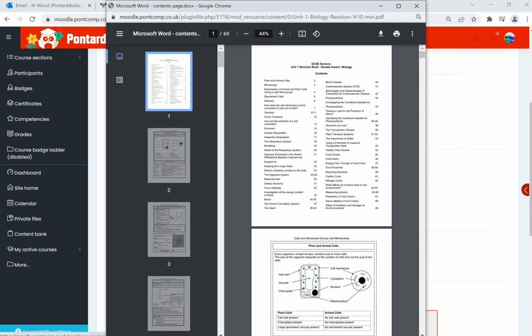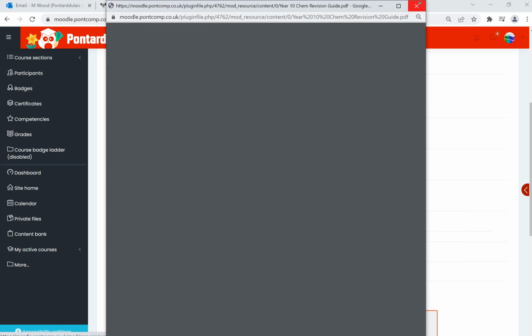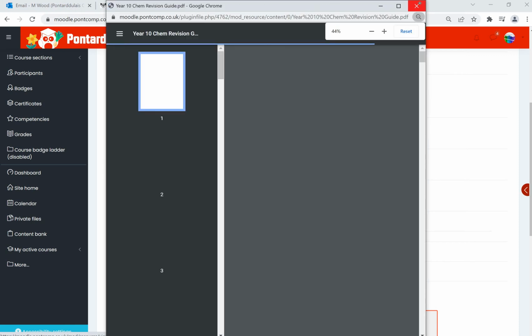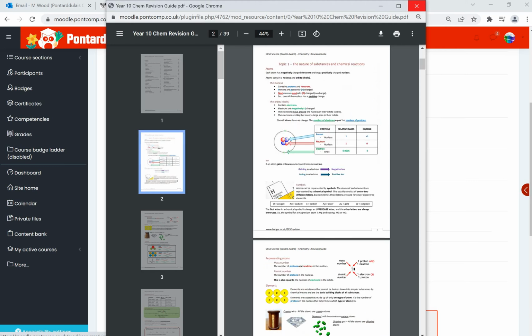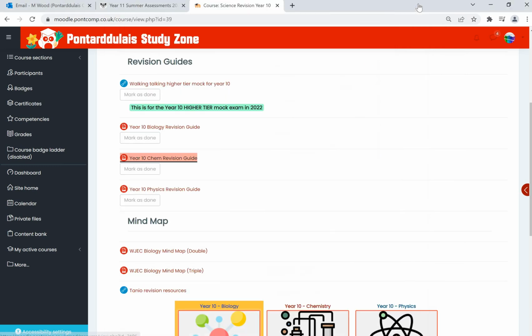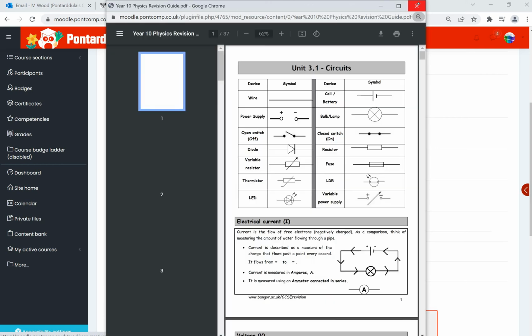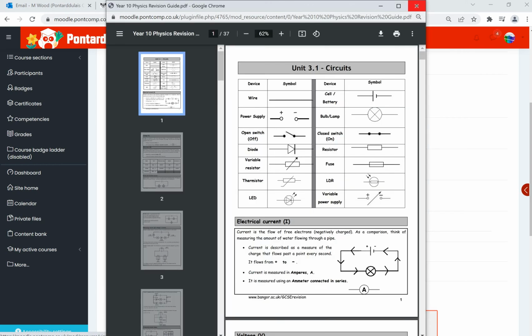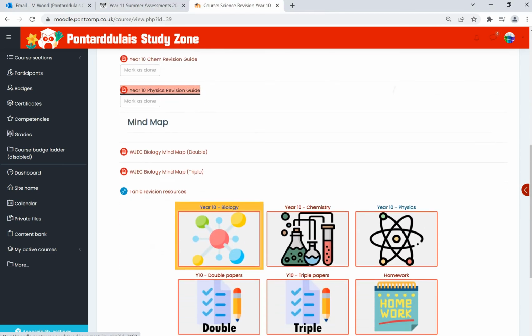You can see the contents list is everything that we should be teaching you in biology for double award, and the same will be for your chemistry revision guide. We've got everything in the chemistry topics, and we've also got one for physics as well. These are a free resource that was created at the start of this course being delivered.